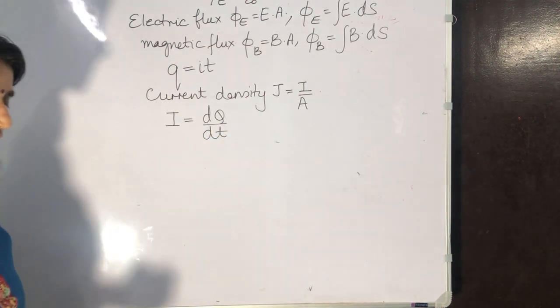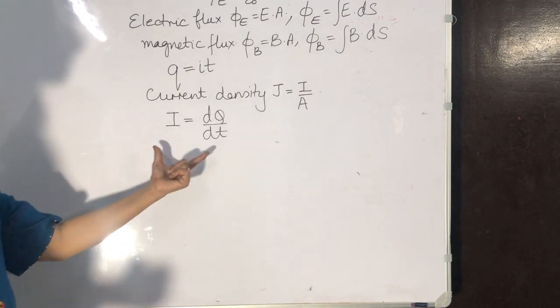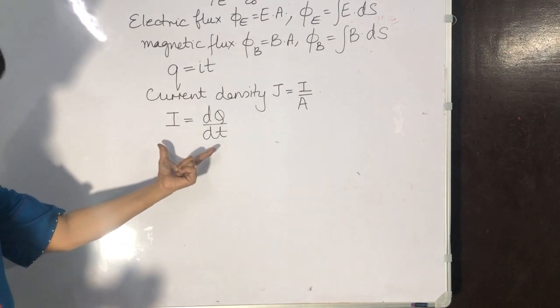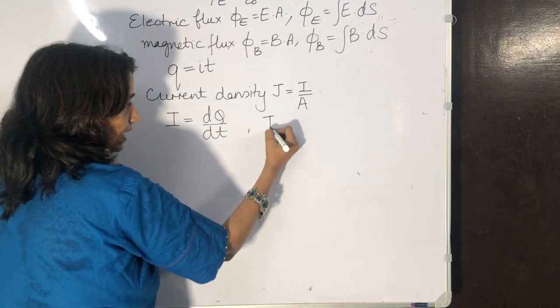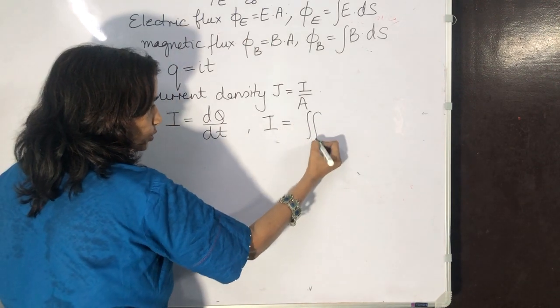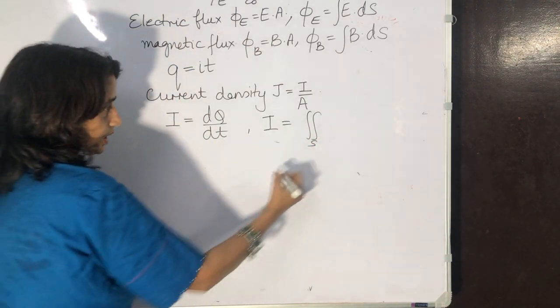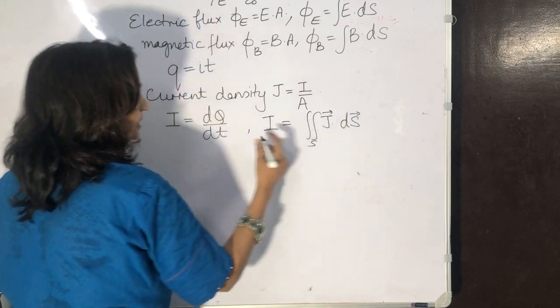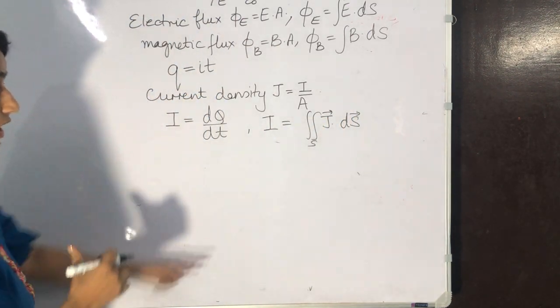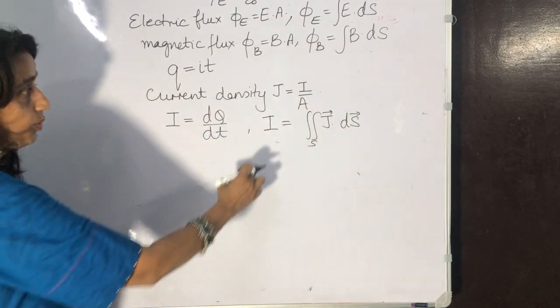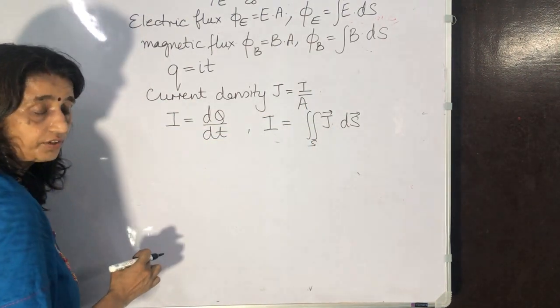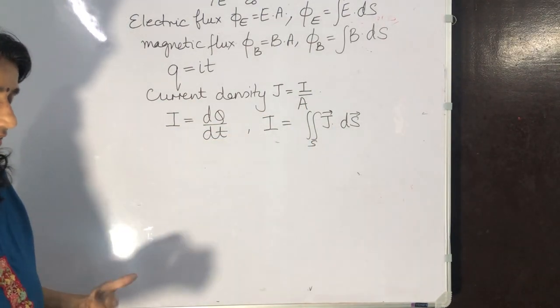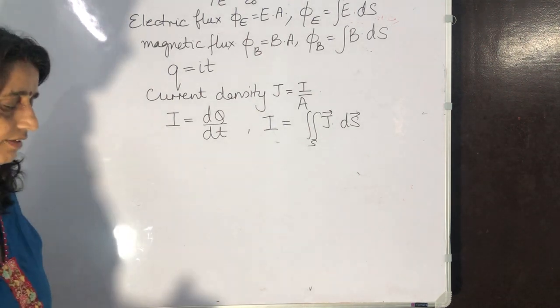When the charges start flowing, then current flows. This can also be written in integral form as I is equal to integral over the enclosed surface of J dot ds. See this formula, J is equal to I upon A. We have written it like this in integral form because a lot of curl, gradient, divergence, etc. will be involved.